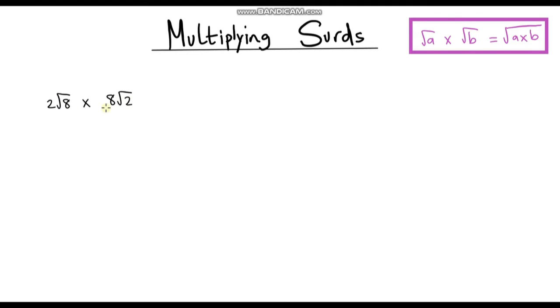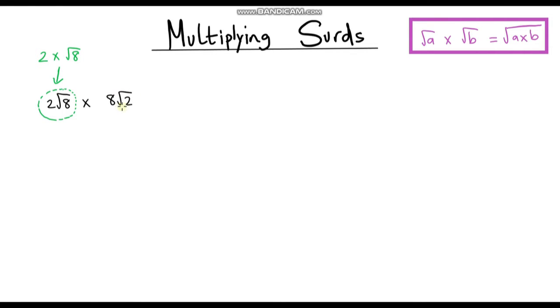Okay, so this first one here, we've got 2 root 8 multiplied by 8 root 2. Now let me just highlight this here, 2 root 8, and I just want you to think about what that actually means. So 2 root 8, when we have a number and a surd next to each other, that means multiply. So this means 2 multiplied by root 8.